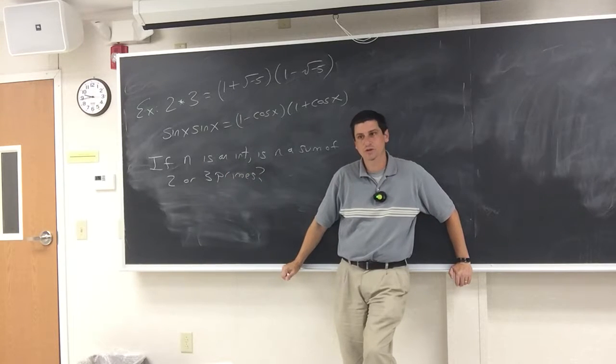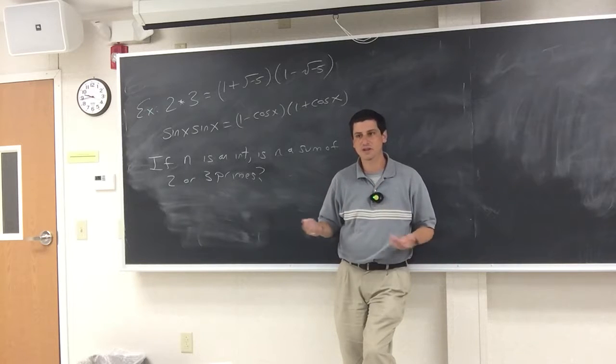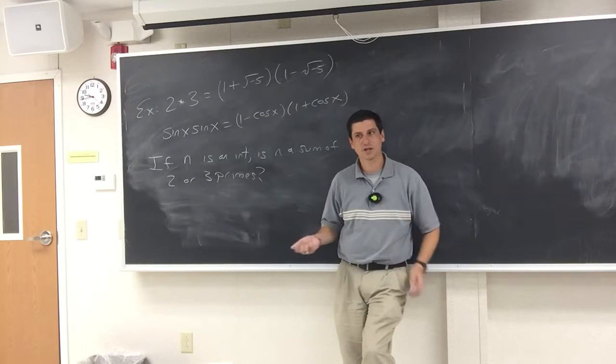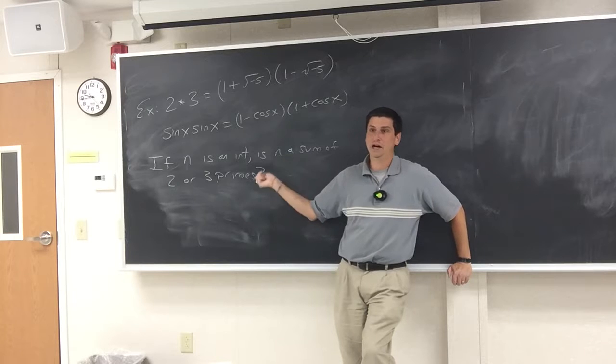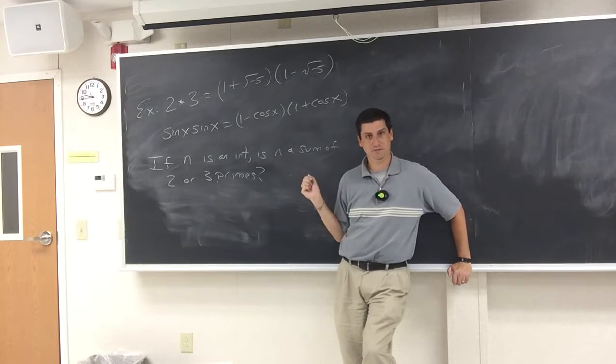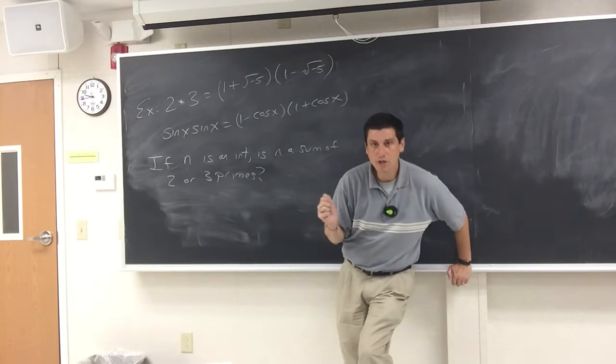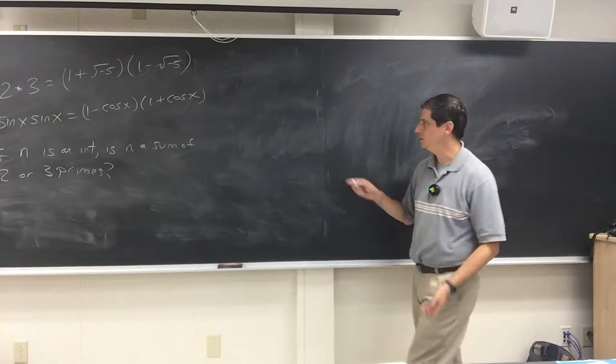We believe it's true. And there's a beautiful method called the circle method that allows us to attack problems like this. Can you write every odd number as a sum of 3 primes? One way you attack this is using something called generating functions and complex analysis.